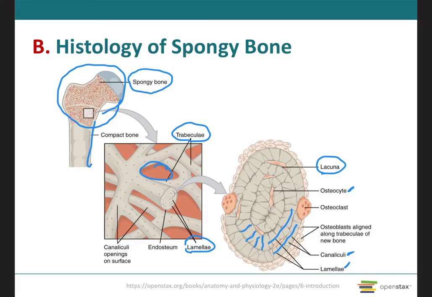Second, the trabeculae of spongy bone tissue support and protect the red bone marrow. Spongy bone in the hip bones, in the ribs, in the sternum, vertebrae, and in the proximal ends of the humerus and femur is the only site where red bone marrow is stored, and therefore is the site where hemopoiesis, which is blood cell production, occurs in adults.